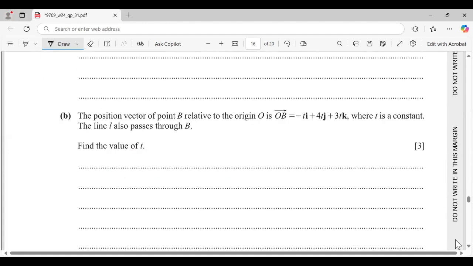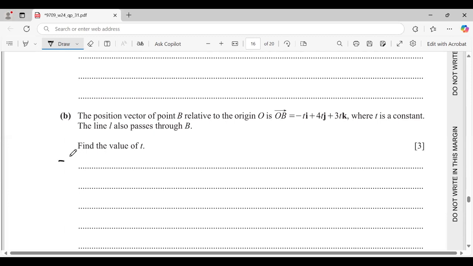the position vector of point B relative to the origin O is vector OB equals minus ti plus 4tj plus 3tk, where t is a constant. The line L also passes through B. To find the value of t, we equate this vector to the expression for a general point on the line.